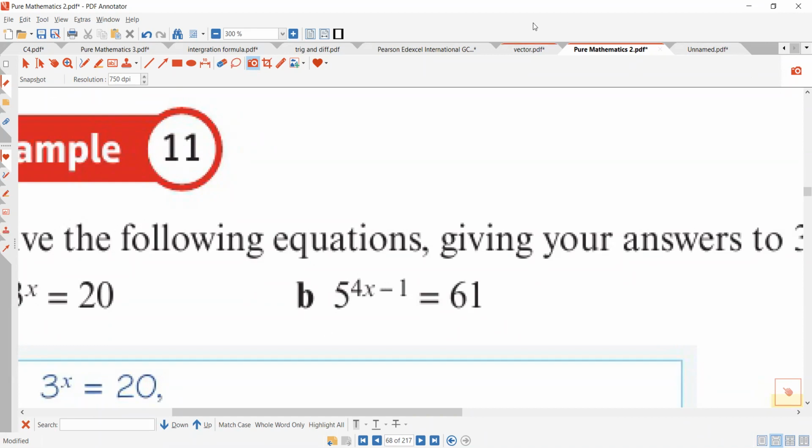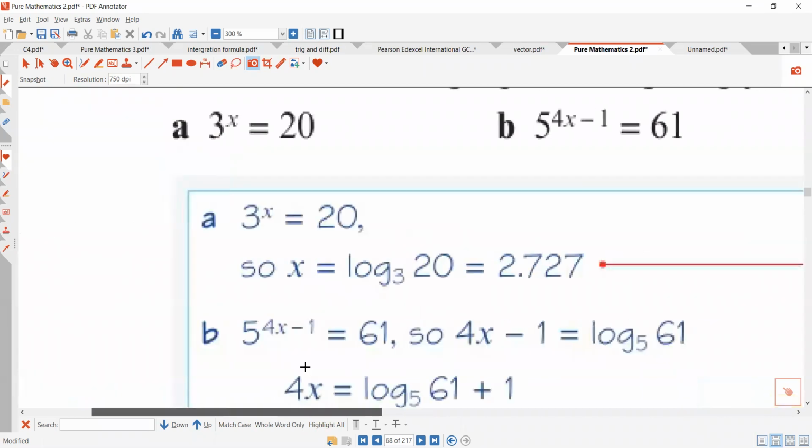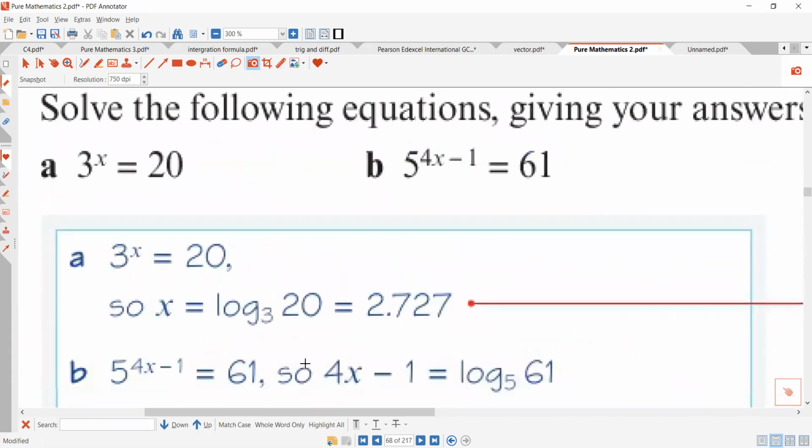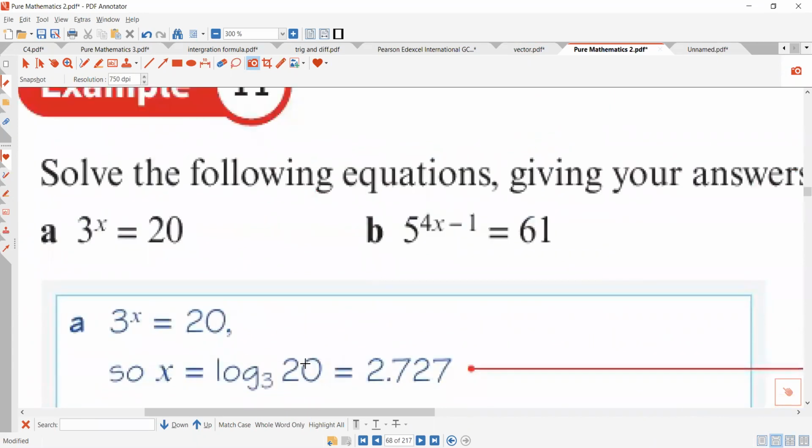Answer. The answer is 0.889. How much is it?